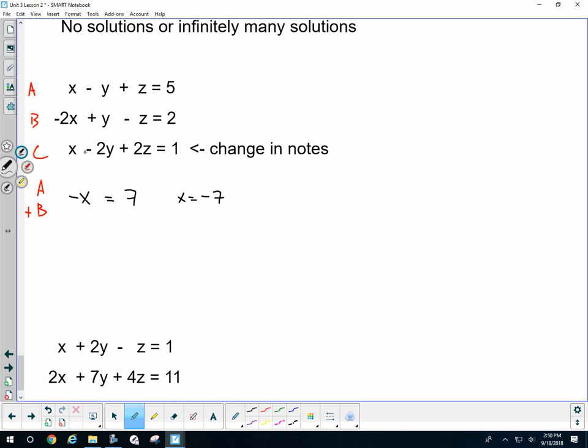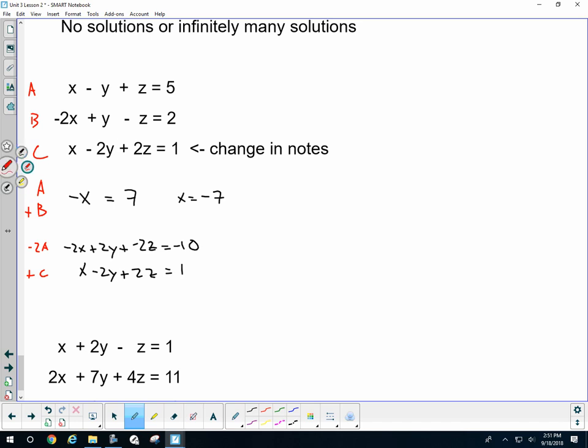Let's eliminate, say, the y's from A and C. So if I multiply A by -2 and add it to C, let's see what I get. I get -2x plus 2y plus -2z is equal to -10, and C is x minus 2y plus 2z equals 1.